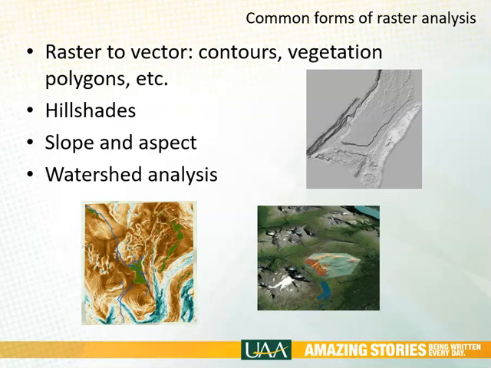Some of the most important ones, and the ones in particular that you'll come into at least some contact with, will be first taking raster data and then using it to produce vectors. You can make contours, for example, or you can make vegetation polygons out of raster data. You'll also make a hillshade, which is shown in the upper image here, which takes raster height data and then applies an algorithm to it to shade it so that we can really see the contours of things well.